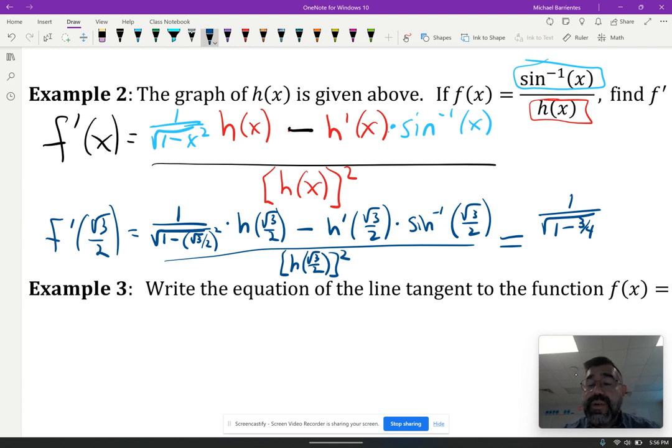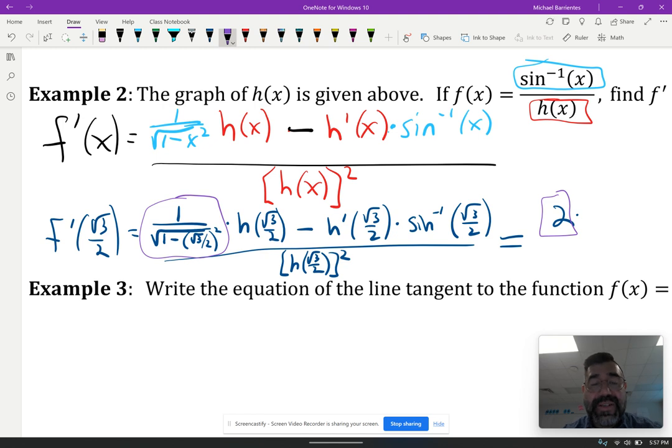But 1 minus 3/4 is really just 1/4. So all of this inside became 1/4. Oh, but the square root of 1/4 is the square root of 1 over the square root of 4. So all of this becomes 1/2. And then 1 divided by 1/2 just becomes 2.